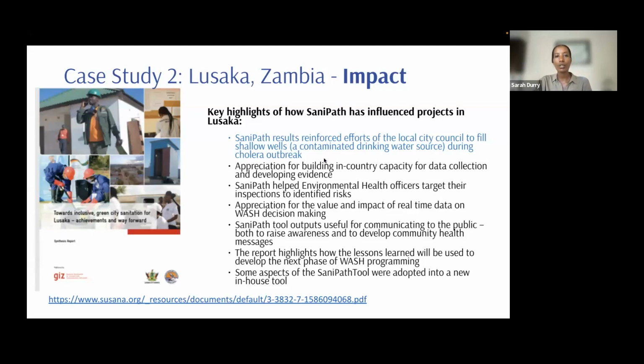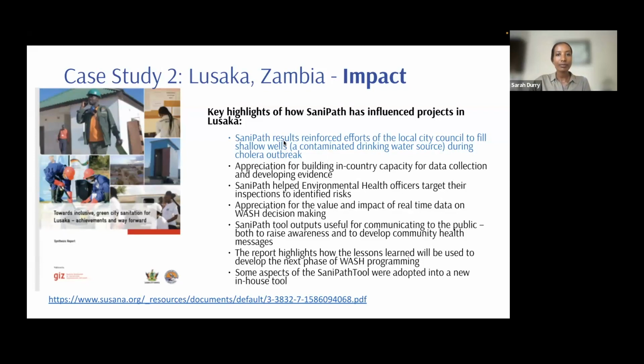So I do just want to say again here that even in this case, we were not testing for cholera, but we used the results from E. coli and made recommendations on exposure based on that were useful in the cholera outbreak.